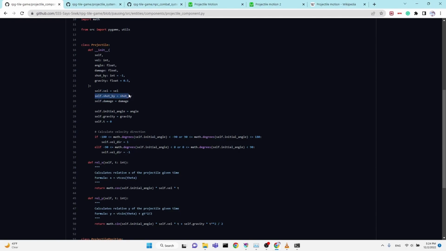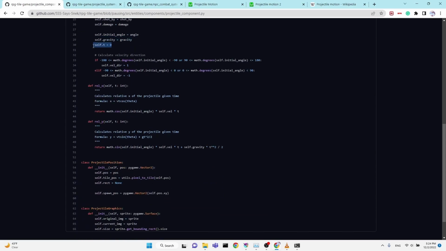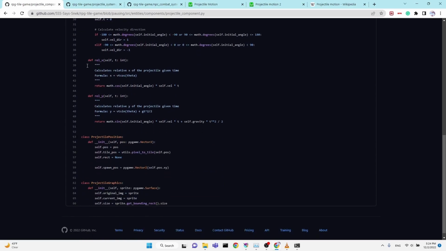We have the entity it's shot by, for maybe achievement purposes, you know. And we have some damage. Then we have the angle of the fire. We have the gravity, and we have the time. Now you notice there are two helper functions. You have rho x and rho y, and they both accept a t.